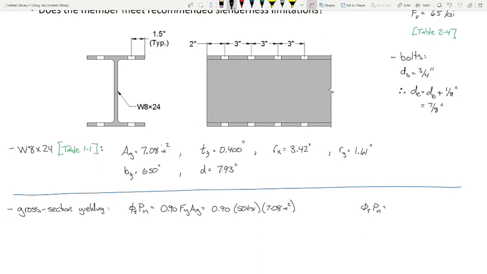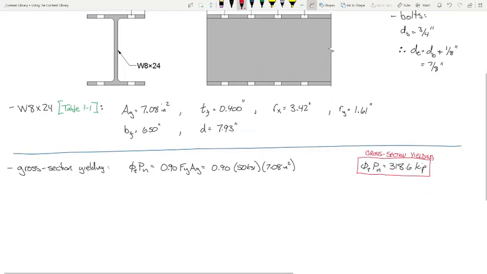Not only did we have to bring our manual, but we had to bring our Casio fx-115ES Plus or similar scientific calculator. 318.6. 318.6 what? Kips. Okay, so I'm going to put a box around that and say gross section yield. So there's one limit state capacity figured out. Okay, let's go to the next one.